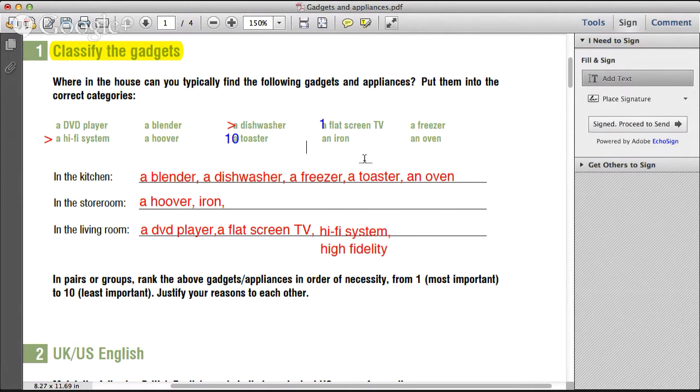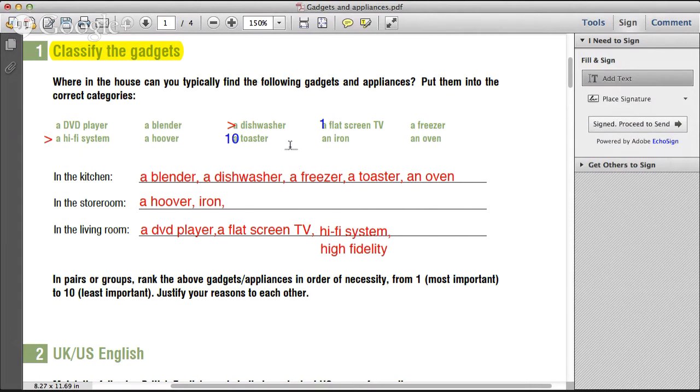All right, very good, very good. And let's see here, Giuseppe. Yes. Of the appliances and gadgets that are up above here, which one is most useful for you or most important? Okay. Before, I disagree with my friend Ismail because a flat screen TV is not very important.